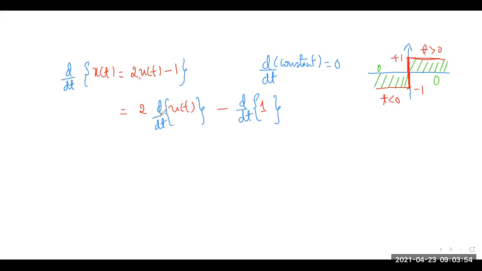So here, if I differentiate this unit step function, I'll end up with impulse. I'll end up with what? Impulse function, that which is delta t. So I'll end up with 2 times that of delta t. And if I differentiate again this constant 1, I'll end up with 0 here. So finally, we can get this equation d by dt of x of t equal to 2 times that of delta t.